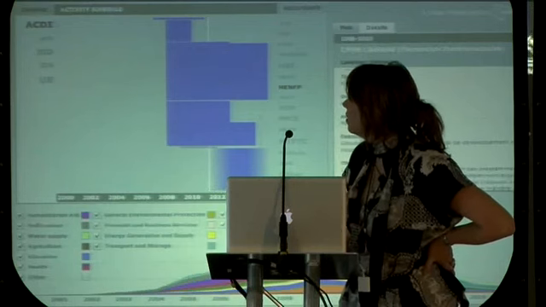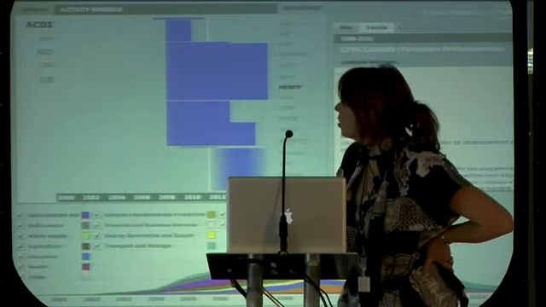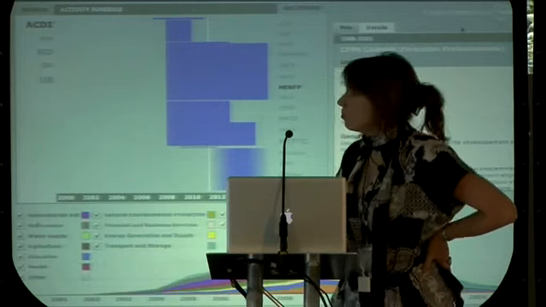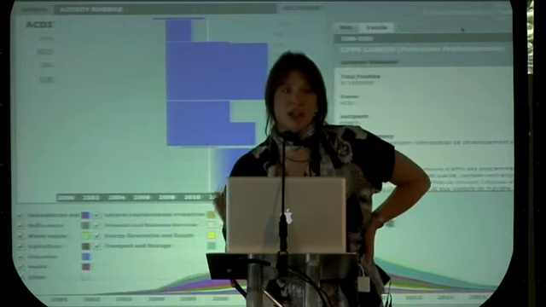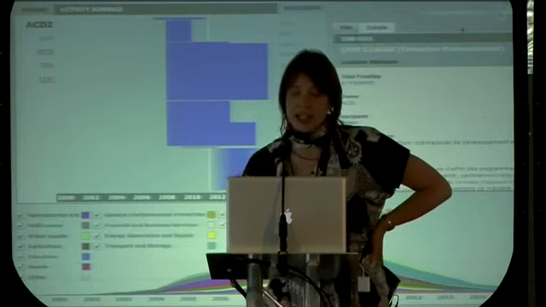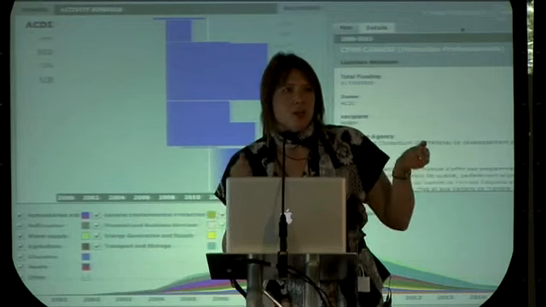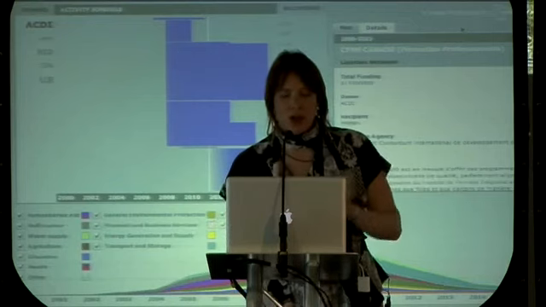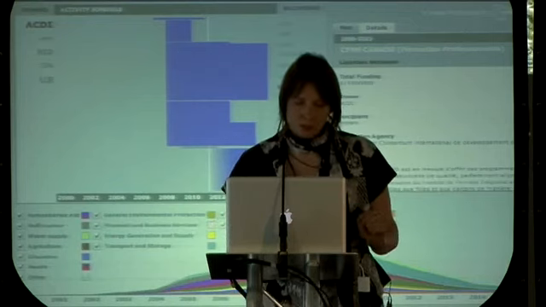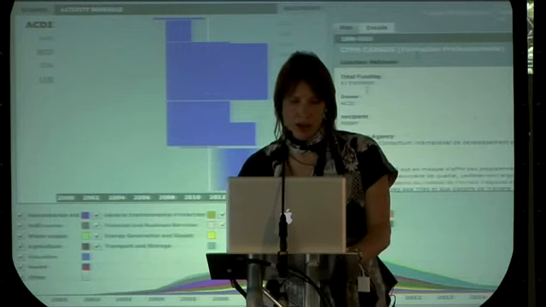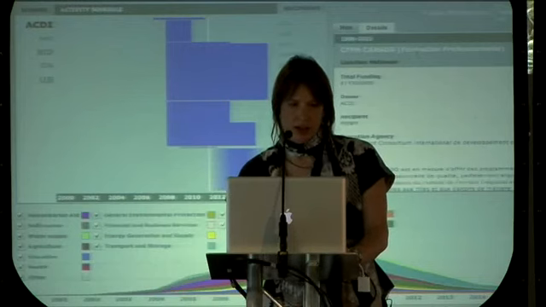And by clicking on that, I can find a bit about the details of the project. So basically, this should give you an idea how a visual browser can allow you to find things that you don't know by asking relevant questions about things that you do know. So, anyway, back to the presentation.